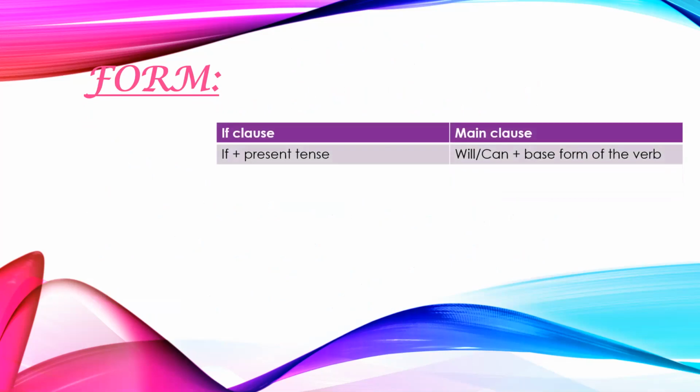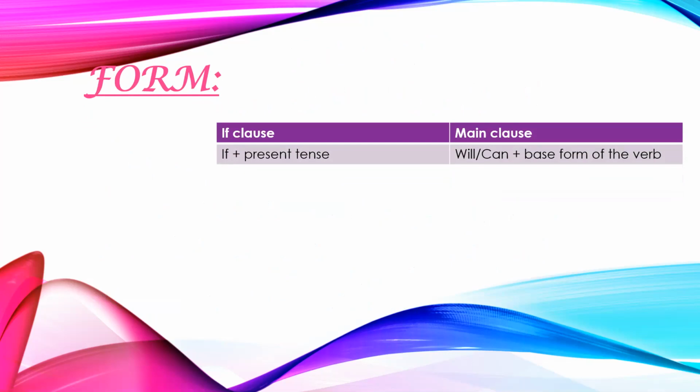But how do we form the first conditional sentence? Let's see together. As we said before, the sentence consists of two clauses. The if clause is followed by present simple tense, as you can see here in the table.